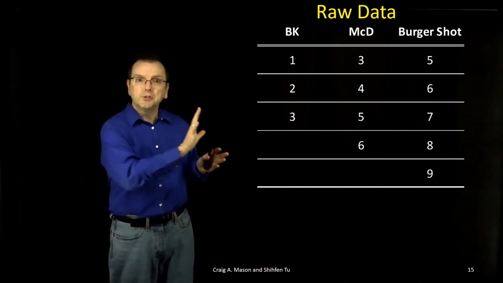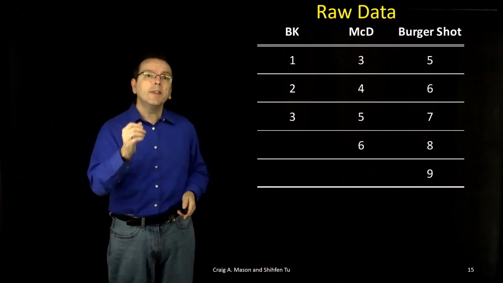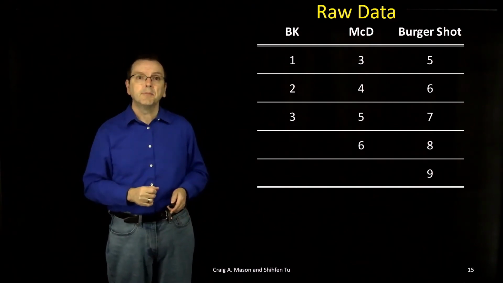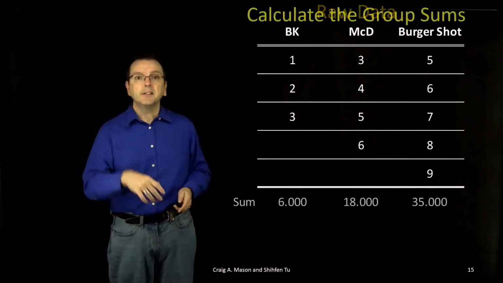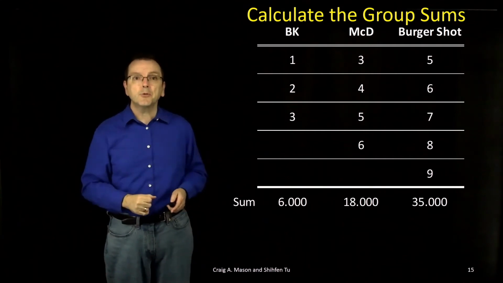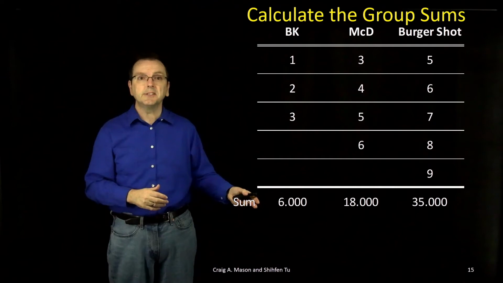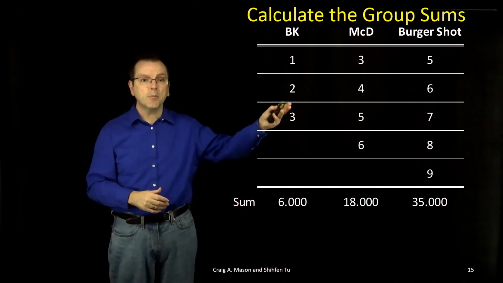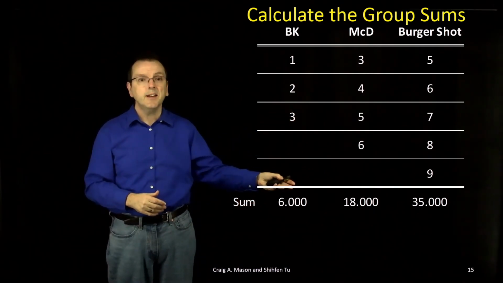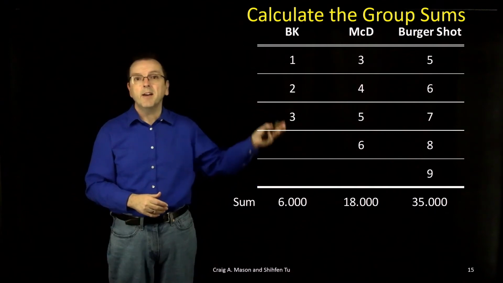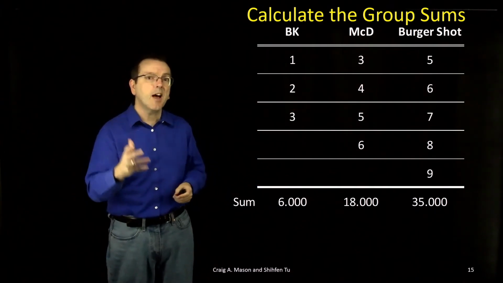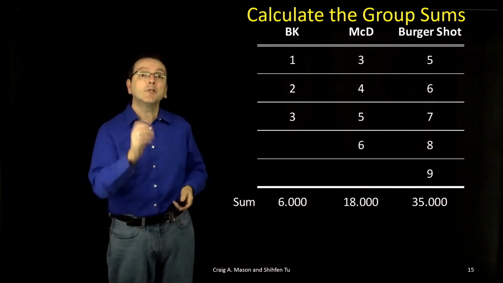Now, we'll start by calculating the within group statistics. So let's sum up the values for each group. And we see that 1 plus 2 plus 3 sums to 6 for the Burger King group, 3 plus 4 plus 5 plus 6 sums to 18 for the McDonald's group, and 5 plus 6 plus 7 plus 8 plus 9 adds up to 35 for the Burger Shot group.